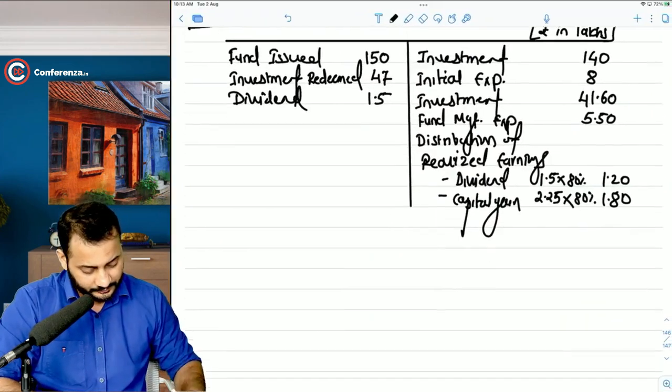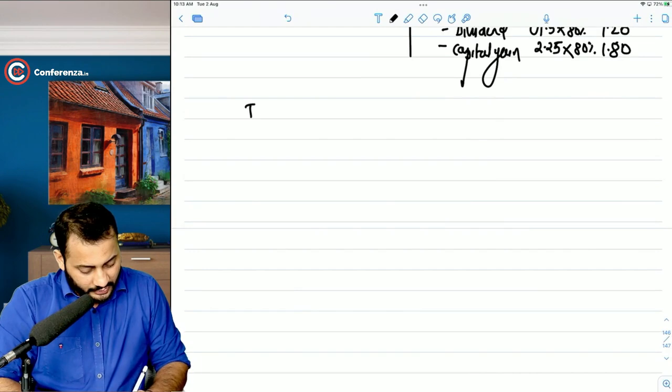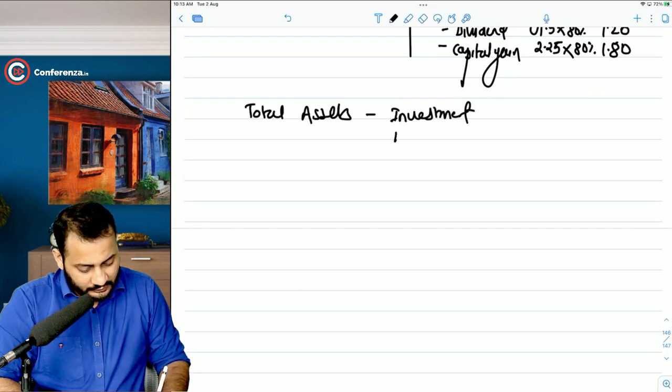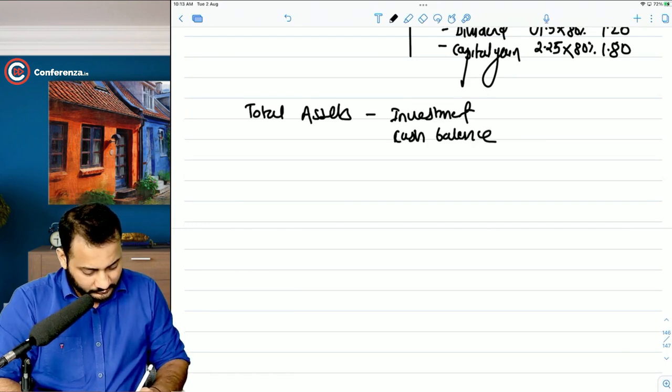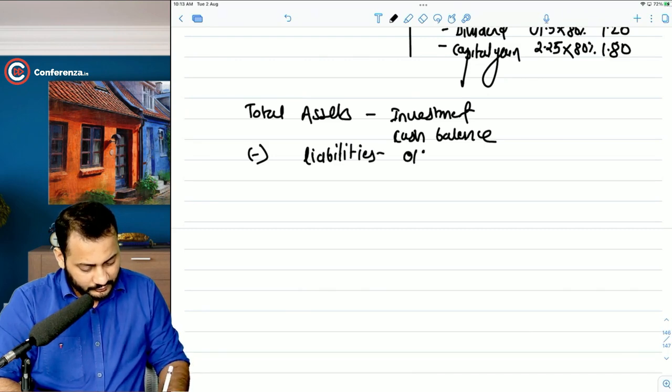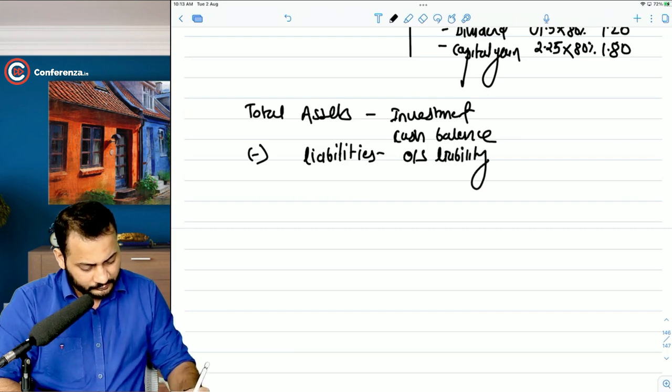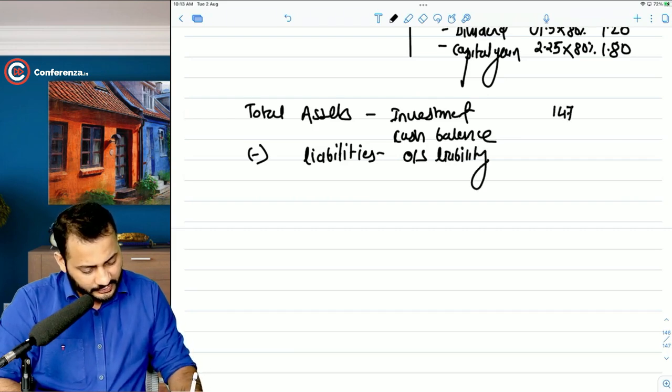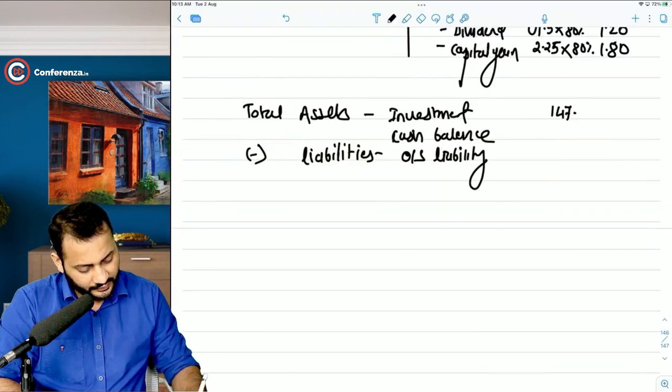Okay. So, total assets: investment, cash balance, less liabilities, outstanding liability. So investment is worth 147.85.